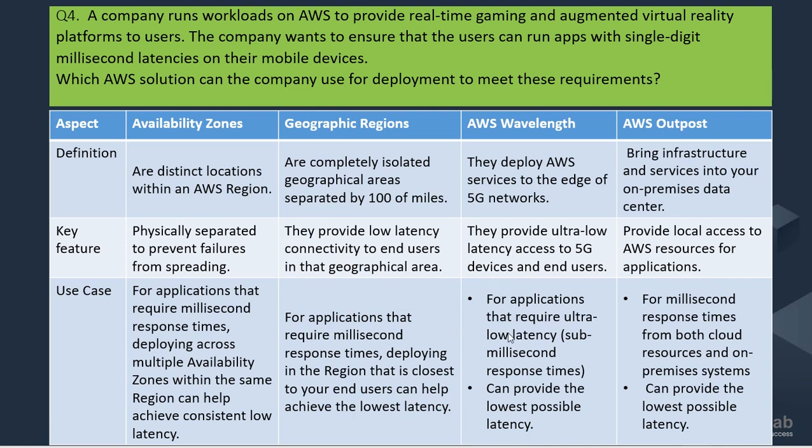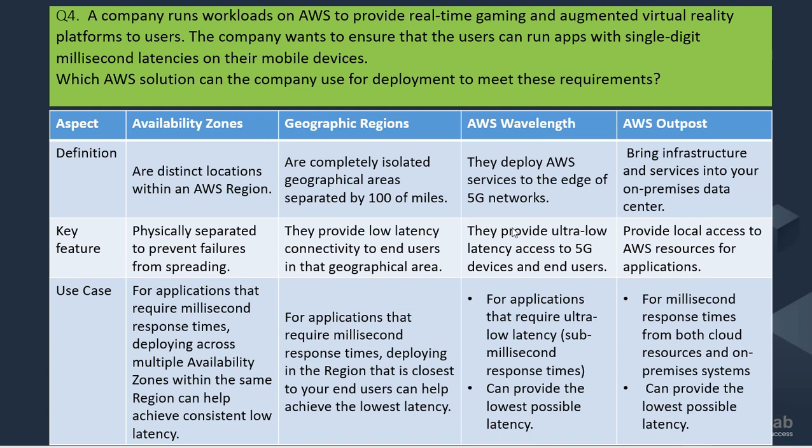So they have ultra-low latency, that's sub-millisecond response time. Looking at this, what you can conclude is that AWS Wavelength would help you to provide real-time gaming and augmented virtual reality platforms to users, and it will also help users to run apps with single-digit millisecond latencies on their mobile devices.